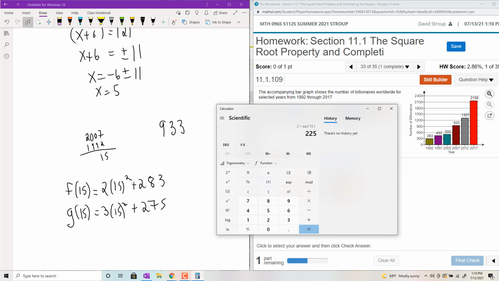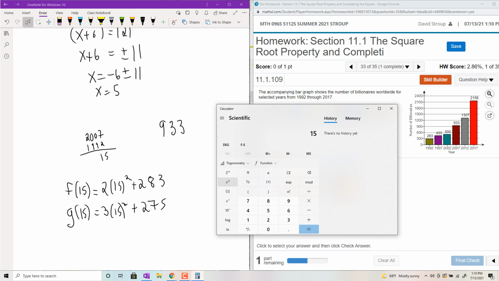It's just going nuts on me. 15 squared times 2, it's giving me the square root. I don't want the square root. I guess that's their symbol for squaring.